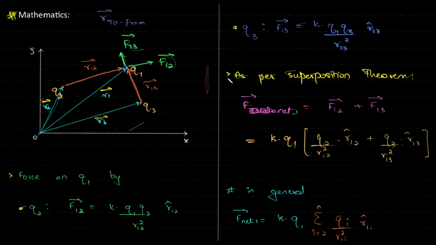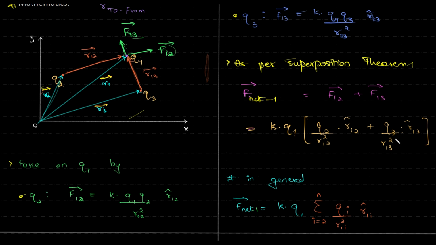Once we have that, use the superposition theorem. That's the entire funda. So you can find the net force on one by just adding F12 and F13. In both of them, K and Q1 are common, so I took them out.